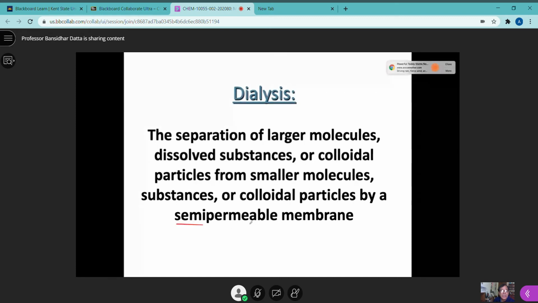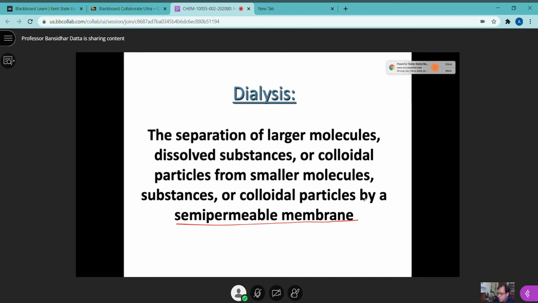Again, the same thing comes up, right? Semi-permeable membrane. Remember, it was used for the osmosis. It has tiny holes. It allows some molecules to pass, some molecules are trapped. So the separation of larger molecules, dissolved substances, or colloidal particles from smaller molecules, substances, or colloidal particles by semi-permeable membrane.